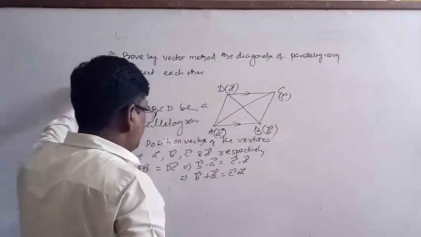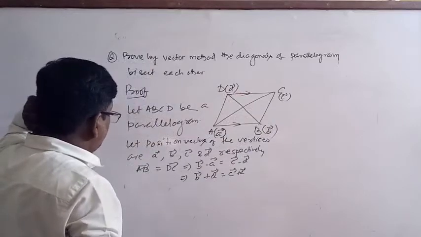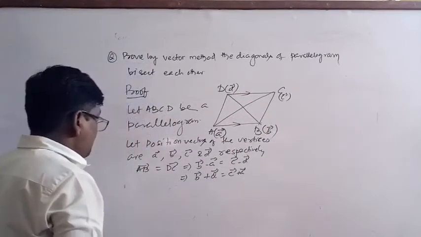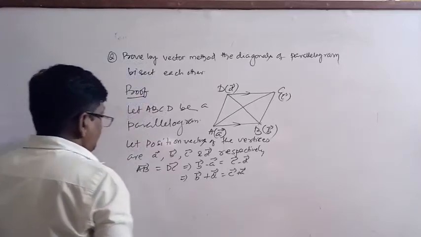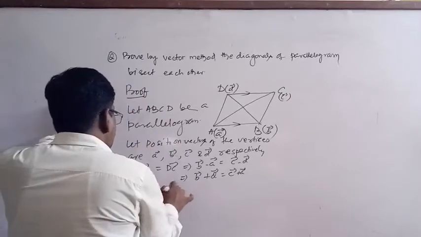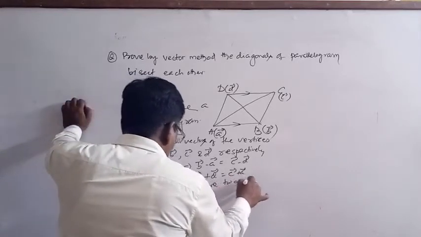Now, what is to be proved by vector method? Diagonals of a parallelogram bisect each other. Let AC and BD be the two diagonals.